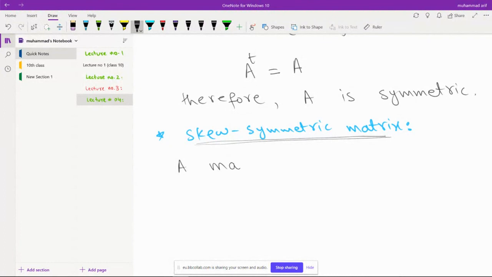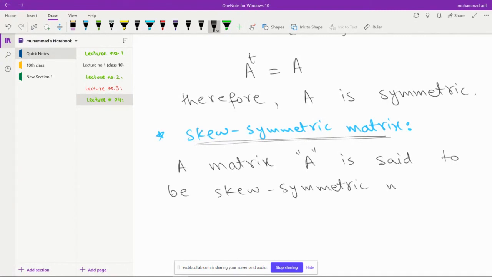A matrix, say A, is said to be skew symmetric matrix if A transpose is equal to -A.